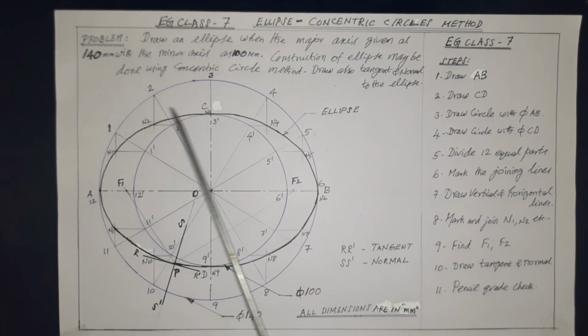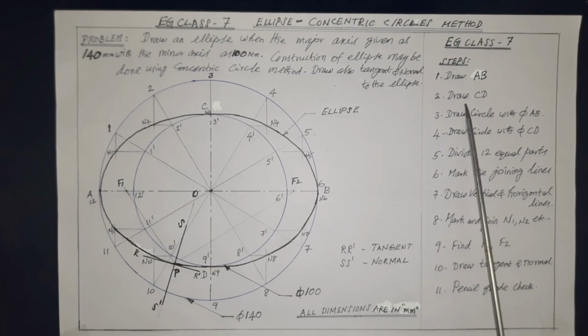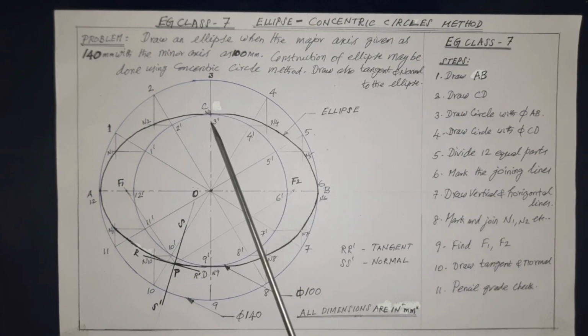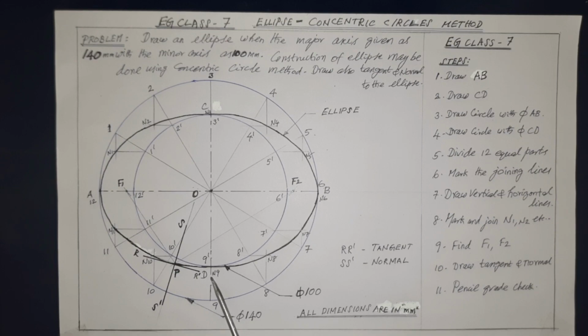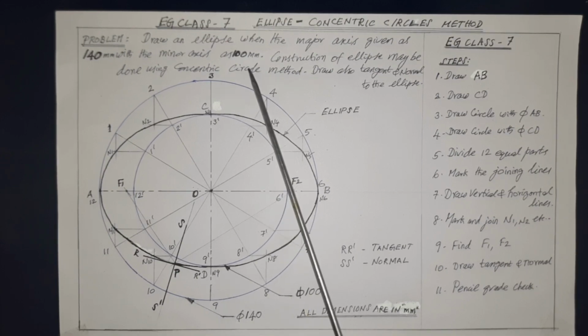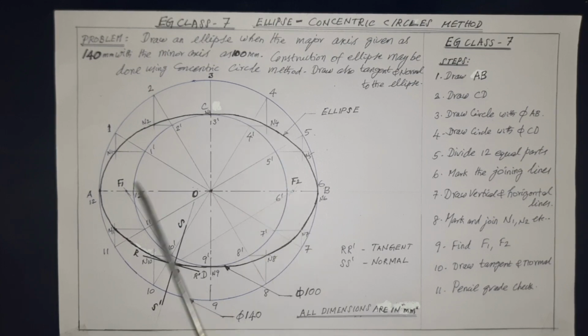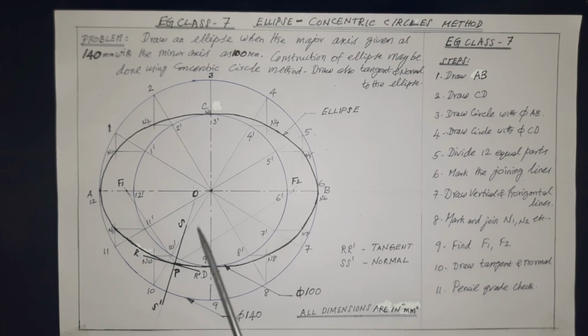Then, as per step 2, draw the minor axis CD with 100 millimeter as given. This should be perpendicular to AB, and also see that both lines' midpoints meet at O as shown.